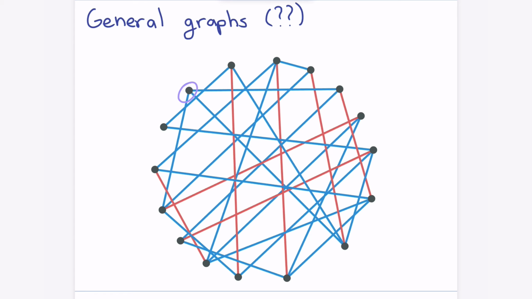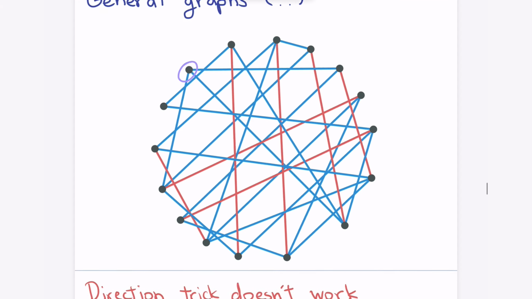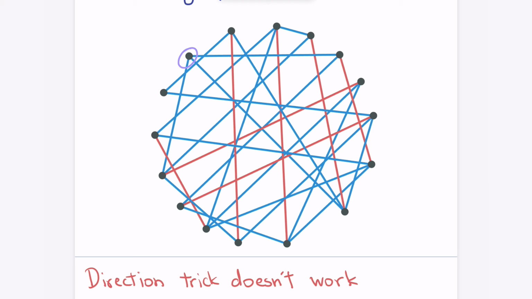So what's tricky about general graphs compared to before? Yeah, we don't have this left to right, right? So this direction trick doesn't work. It's not obvious how to do what we just did.